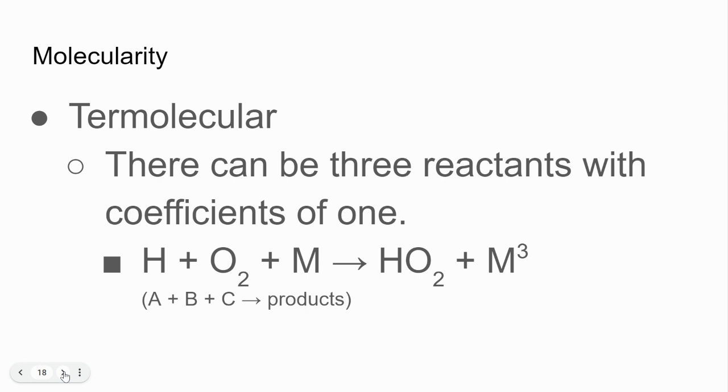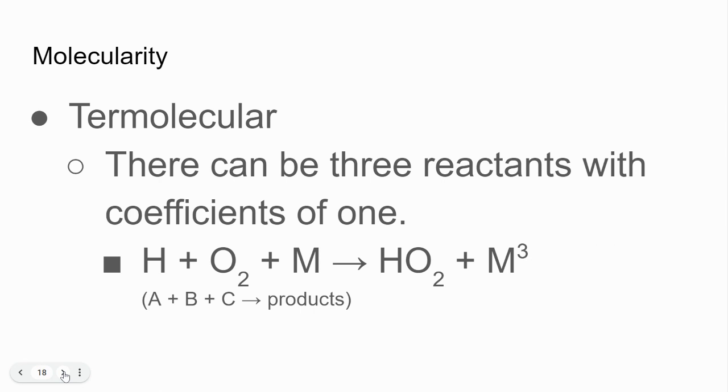The other possibility is you have 3 reactants, each with a coefficient of 1, as we do in this equation. So a free hydrogen atom plus an oxygen molecule plus M produces HO2 plus M. This is a strange reaction.